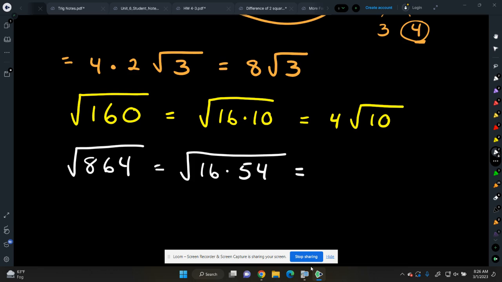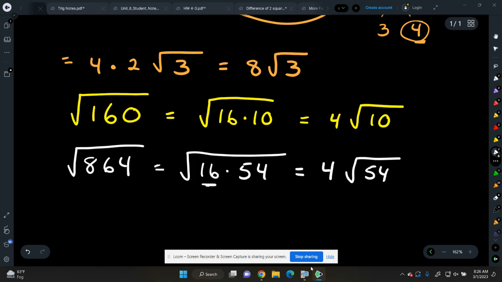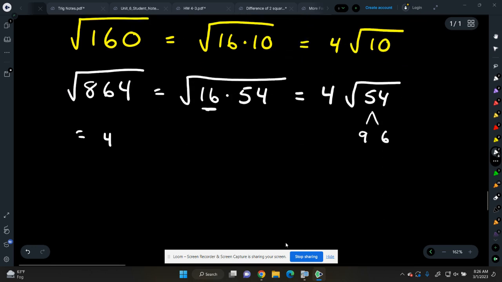Okay, so now we have the square root of 16. So what do we do with that? Take it outside. Okay, and we have the square root of 54. Let's factor down that 54. So we know 54 can be written as 9 times 6. I can stop there because 9 is a perfect square.